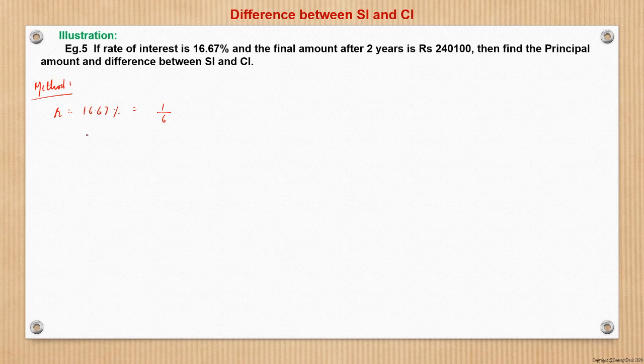In percentage we have seen this 1 by 6. How to get this? 16.67 upon 100, and then that becomes 1 by 6. And time is 2 years, right? So from here let us assume the original principal is nothing but this denominator 6 raised to power time, 2, so 6 square units, right?